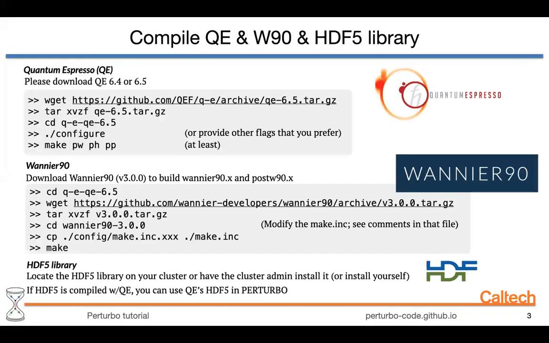Once you have the source code of Perturbo, then we need to get Quantum Espresso, Wannier90 and the HDF5 library before compiling Perturbo, because Perturbo uses some subroutines from Quantum Espresso to do the interface.